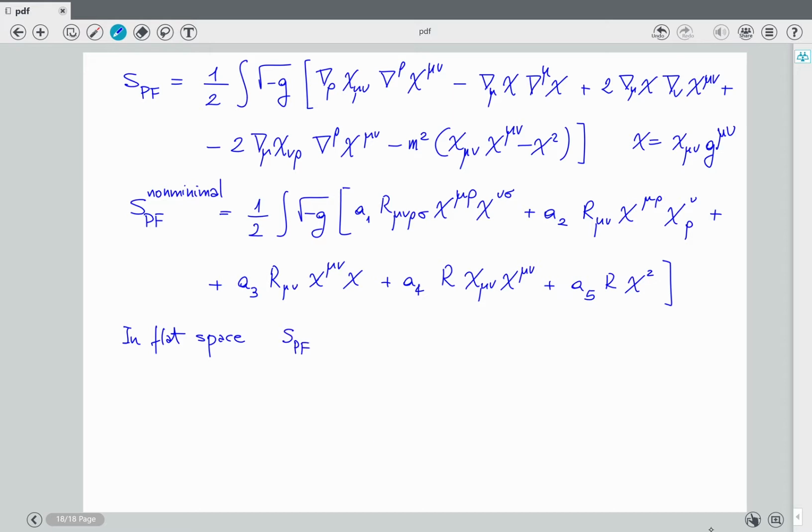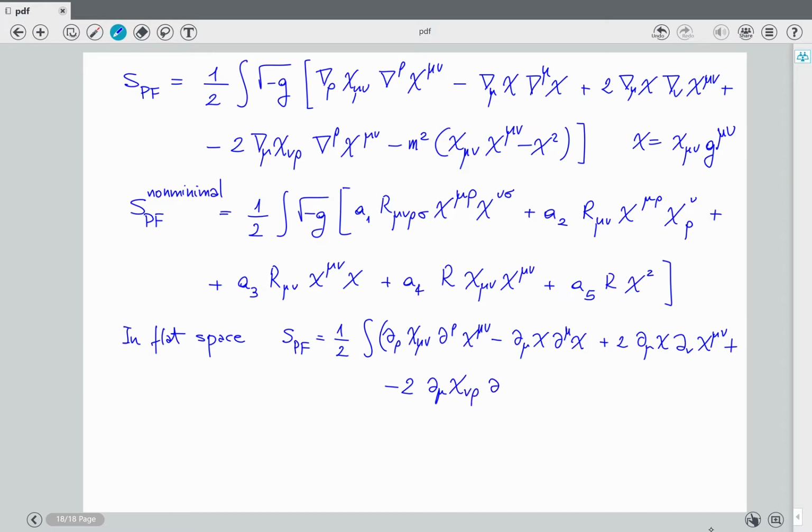So in flat space we have 1/2 del rho chi mu nu del rho chi mu nu minus del mu chi plus 2 del mu chi del nu chi mu nu minus 2 del mu chi nu rho del rho chi nu minus m squared chi nu plus m squared chi squared.